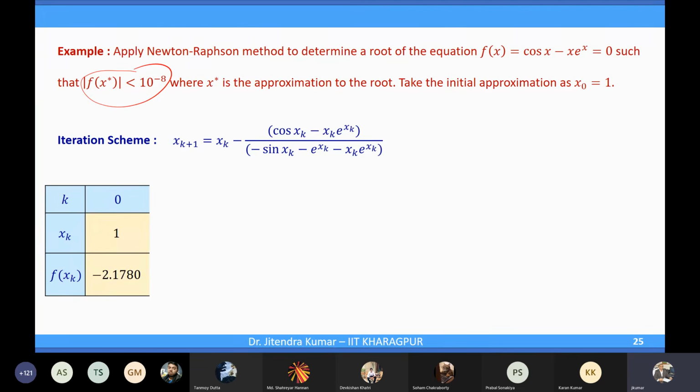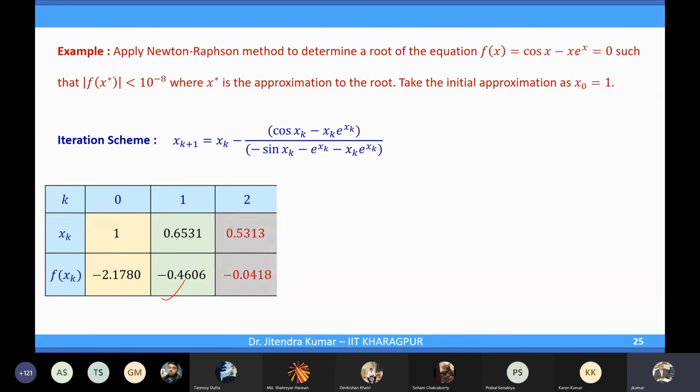In the 0 iteration, you start with 1. The value of f(x_k) is this one. In the next iteration, you have x_k coming 0.653, and then you can check f(x_k). This is still very large.